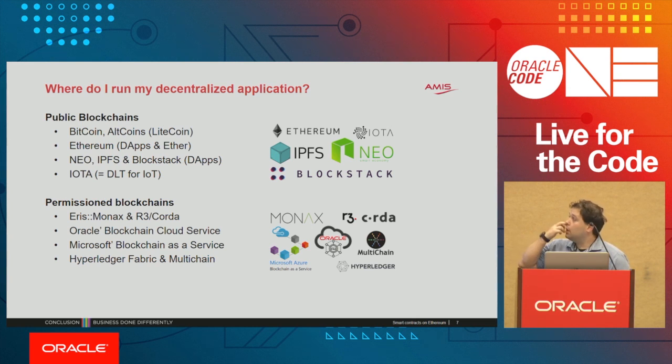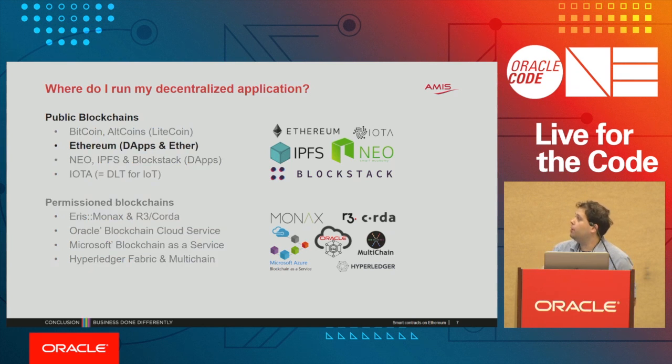There are some others like Neo, IPFS, and Blockstack that do decentralized applications, and IPFS does decentralized file systems and such. In the permissioned blockchains, we see Hyperledger Fabric, a big permissioned blockchain from the Linux Foundation. Besides that, there are also some companies with platforms like Monex that do turnkey blockchain solutions. But in this case, we're going to look at Ethereum for the decentralized applications.